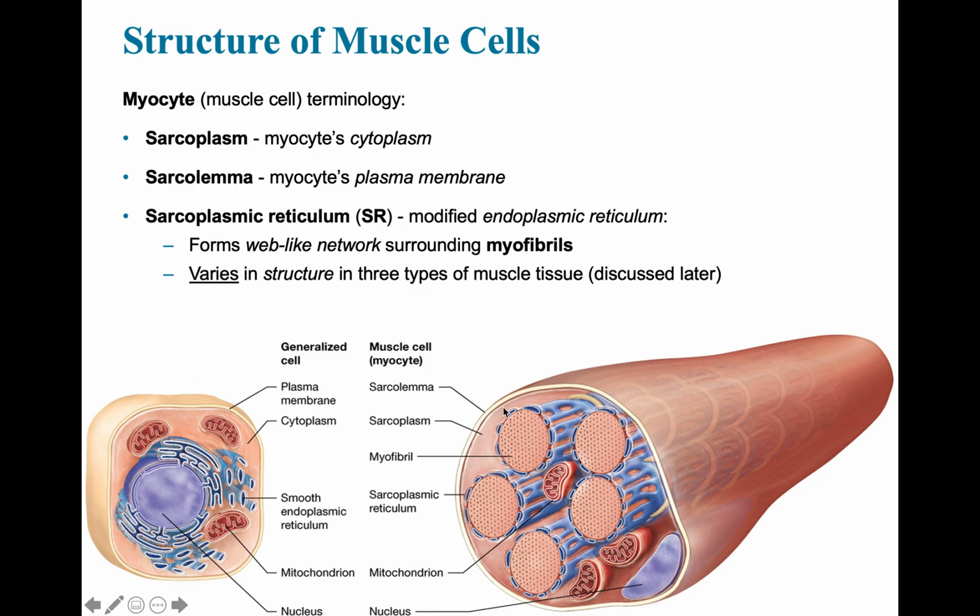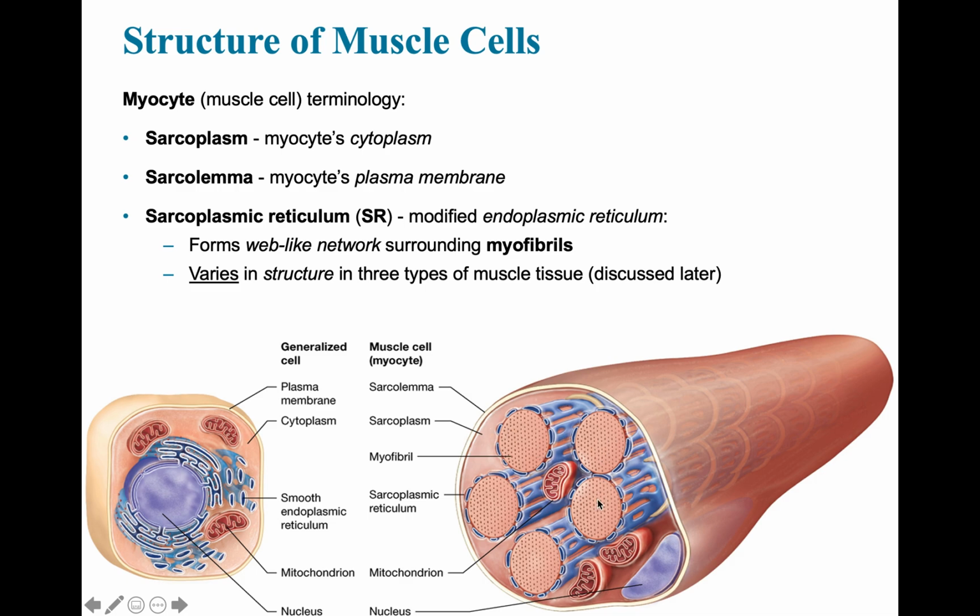You'll see, and I'll point out, so here this is a myocyte. The bulk of what you see inside of the myocyte, these cylindrical organelles, these are myofibrils. Myofibrils are made up of primarily actin and myosin, which are the contractile proteins, along with other regulatory proteins. You'll see what those are.